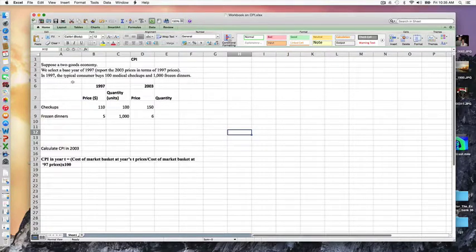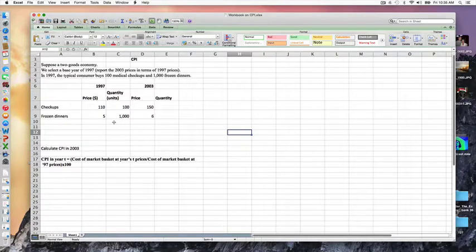And the typical consumer basket looks like the following. It has just two goods, medical checkups and frozen dinners. So suppose this consumer purchases 100 units of checkups at the price of $110 per unit.